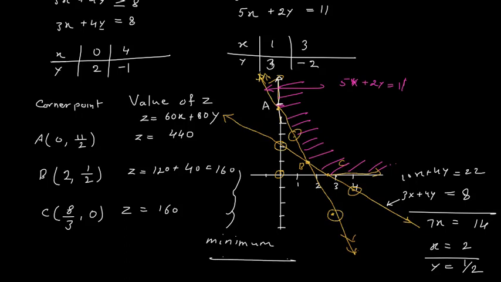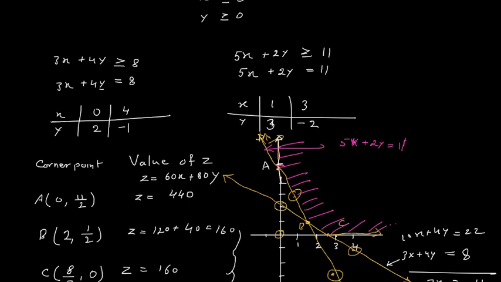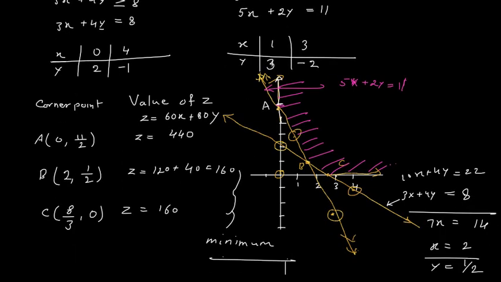Now as this is an unbounded feasible region, we will plot the inequation 60x plus 80y less than 160.